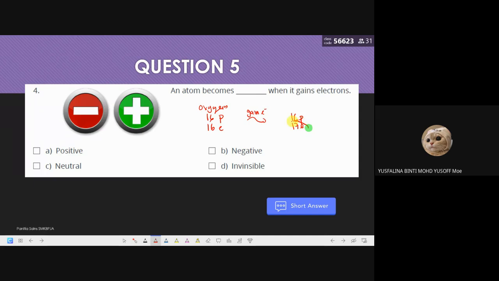More electrons means negative charge, and we call it an ion.